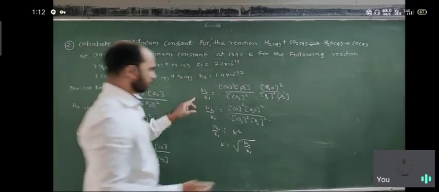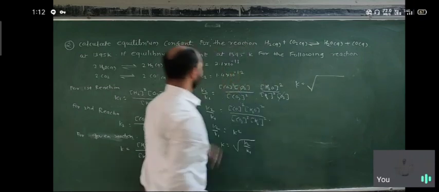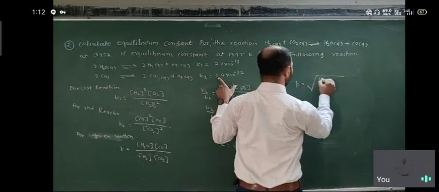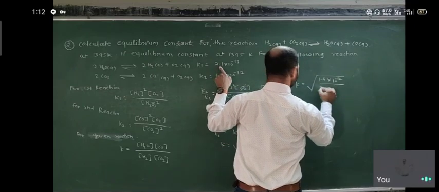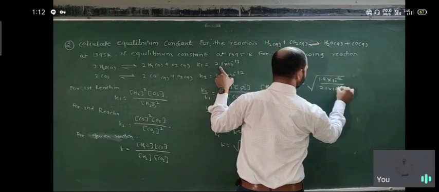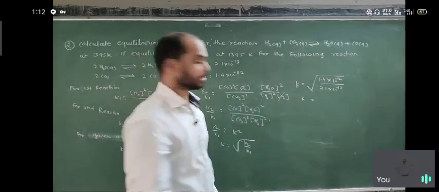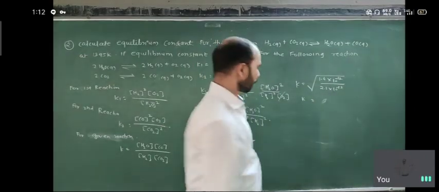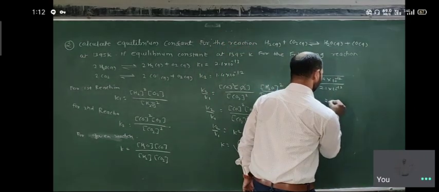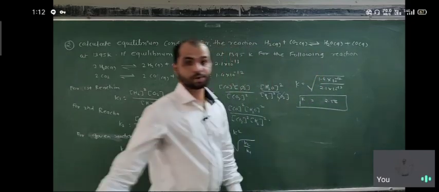K is equal to the square root of 1.4 into 10 raised to minus 12 upon 2.1 into 10 raised to minus 13. The answer is 2.58. So K is equal to 2.58.